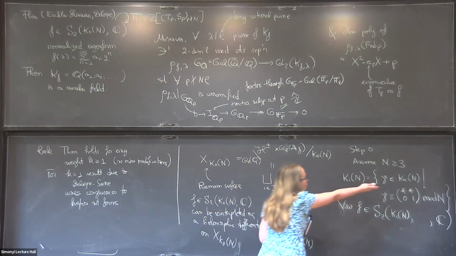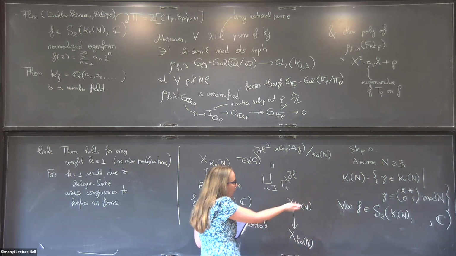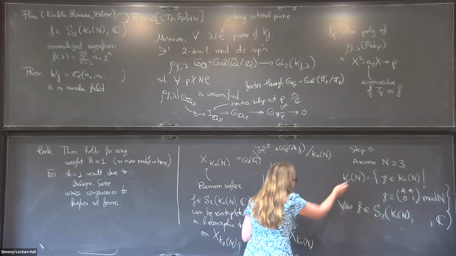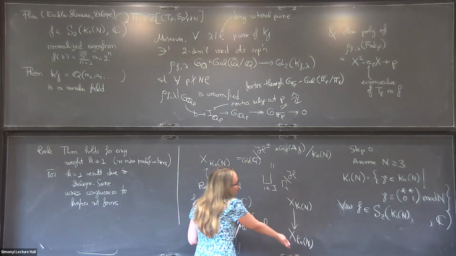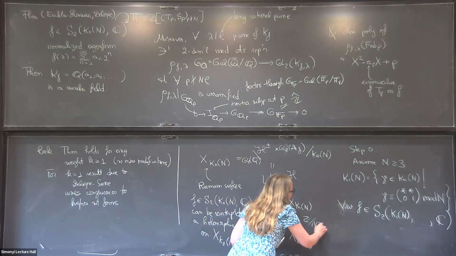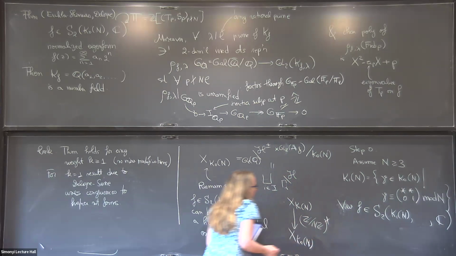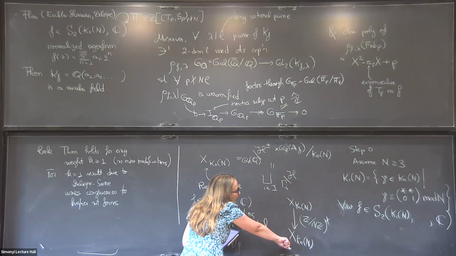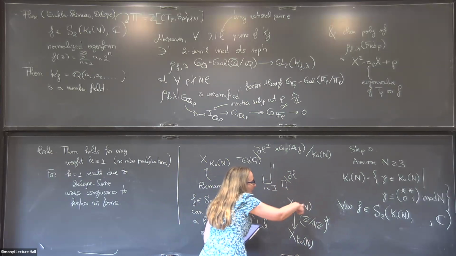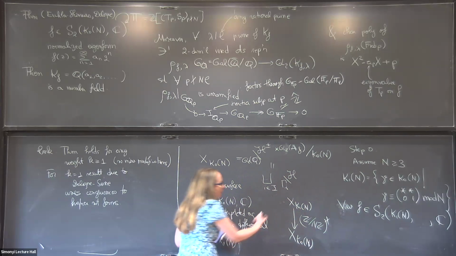So you impose a congruence condition, and you go to this covering space, and what you see here is (Z/nZ)^×. So if I want to think about some differential here, I could pull it back and think about a differential here, and I just want to remember that it was coming from here.